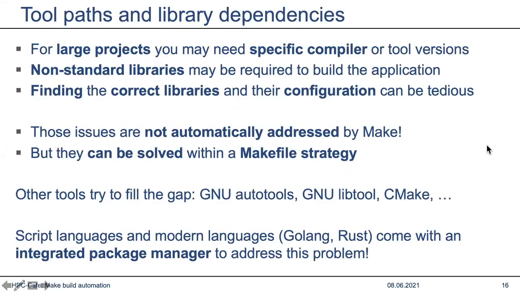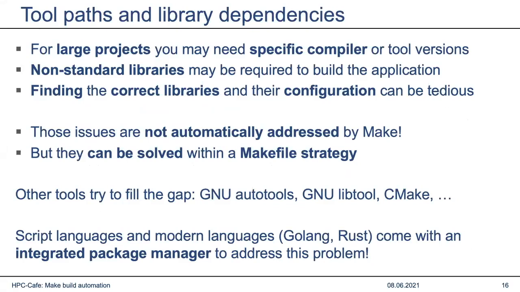So one topic I already mentioned, but we didn't cover up to now, is the toolpaths and library dependencies. Some projects might need specific compilers or tool versions. You might need libraries that are not in standard locations or special builds of those libraries.